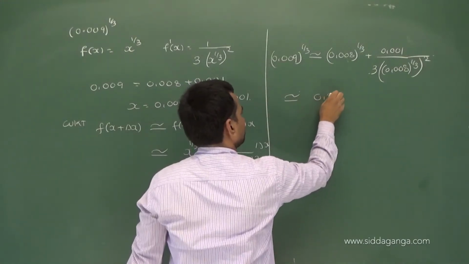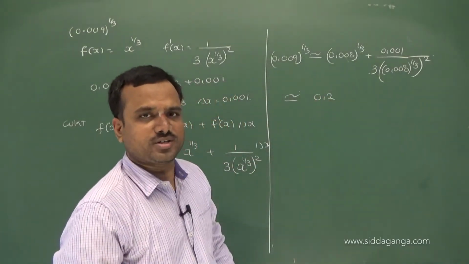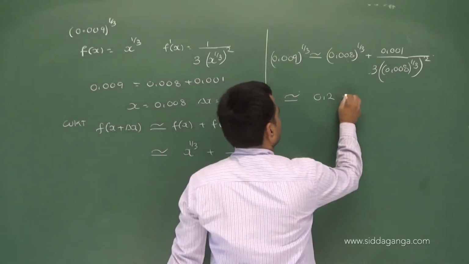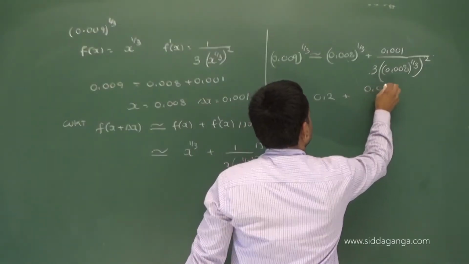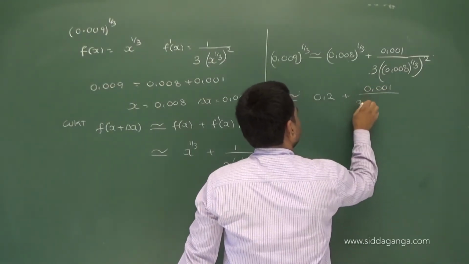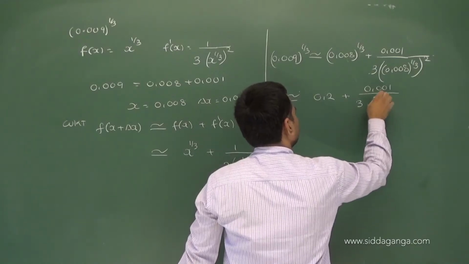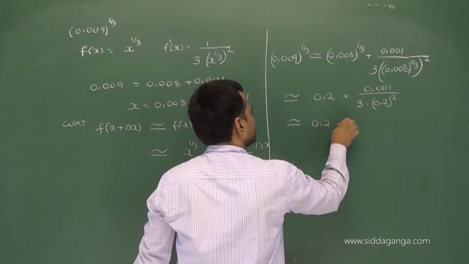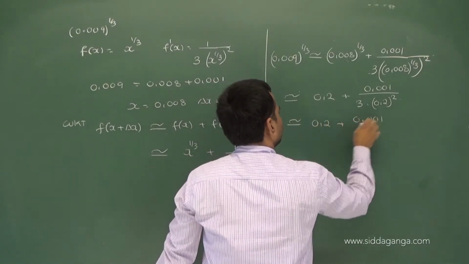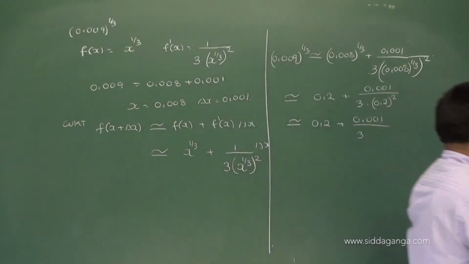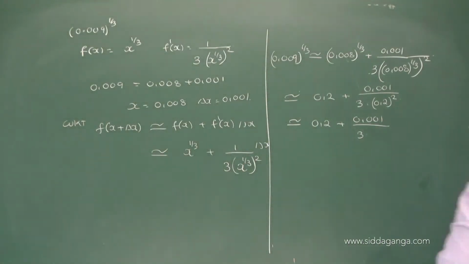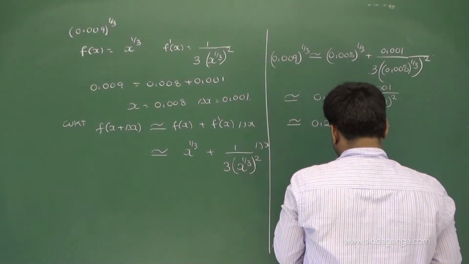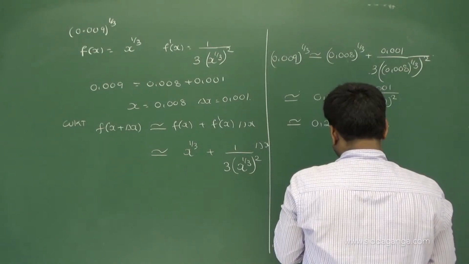Okay, 0.2. Correct? 0.008 whole to the power 1 by 3 we can write as 0.2, whole cube, plus 0.001 divided by 3 into 0.2 whole square. This is approximately equal to 0.2 plus 0.001 divided by 3 into, calculate these values, 0.2 into 0.2, 0.04 into 3.